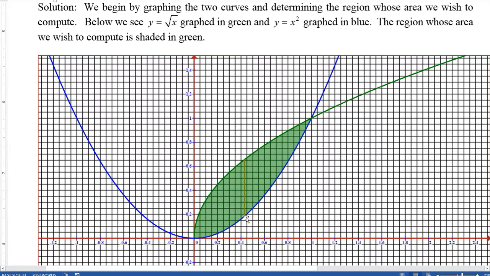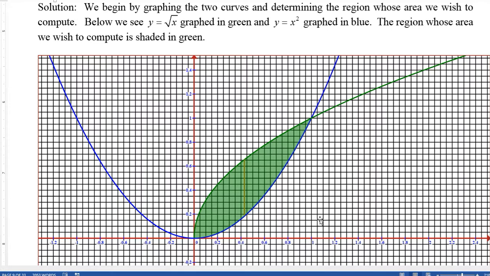The width then is some delta x. But we want not just this one, but a whole bunch of those little vertical strips going along this region. The vertical strips have a horizontal width of delta x. When we add those up, we get a Riemann sum.